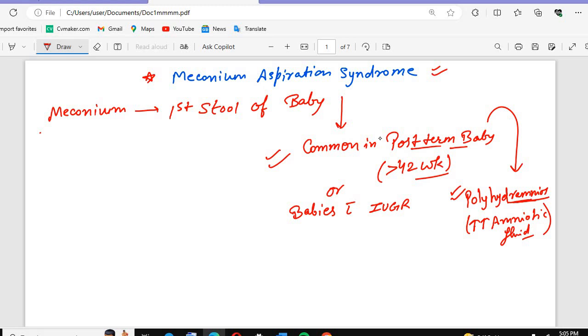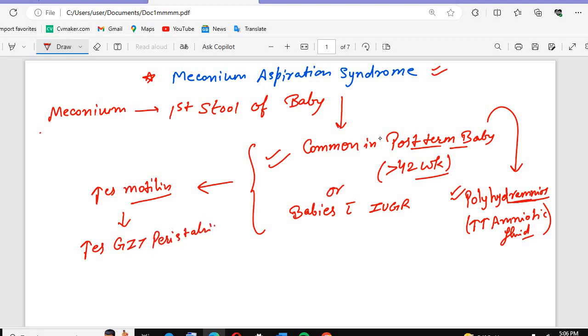In this case, the patients will have an increase in motilin. There is some chemical that increases, that is motilin, and this motilin increases the GIT peristaltic movement, the GIT peristalsis.